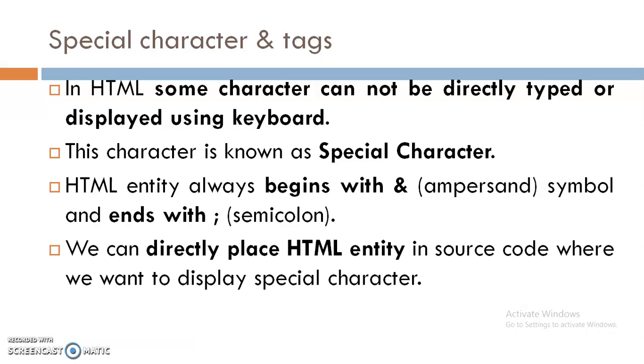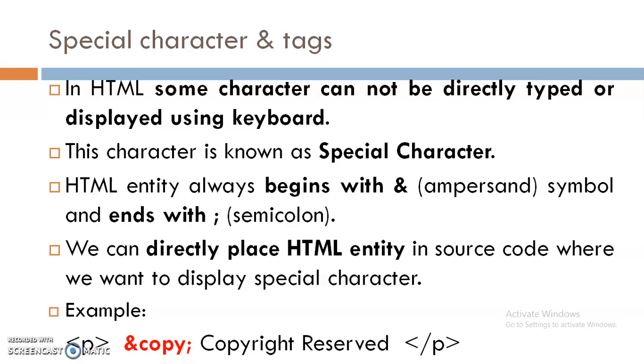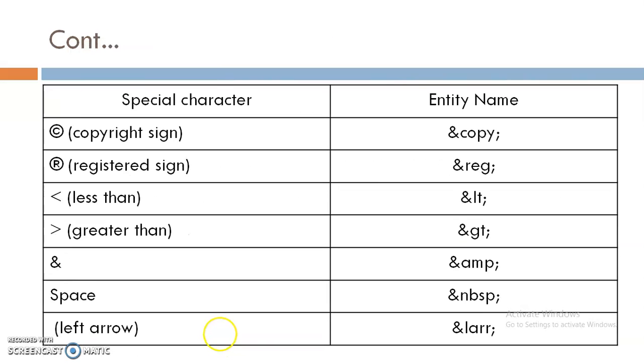We can directly place an HTML entity in the source code where we want to display a special character. For example, if I want to display the copyright symbol, then I have to use ampersand sign, then copy, then semicolon. So the symbol is displayed.